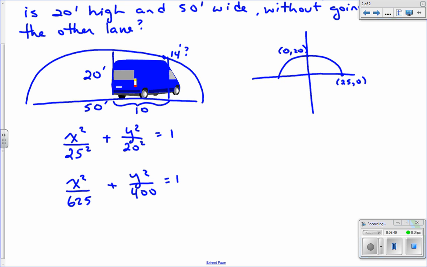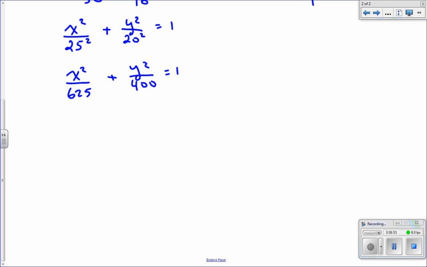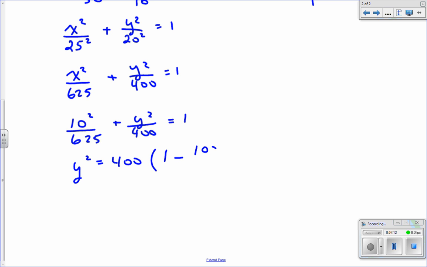So we just substitute 10 in for the x. So we'll have 10 squared over 625 plus y squared over 400 equals 1. So that's 100 over 625. So we'll have y squared equal to 400 times 1 minus 100 over 625.